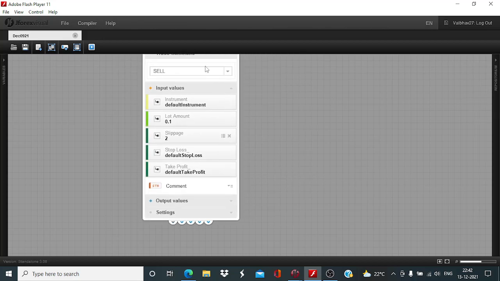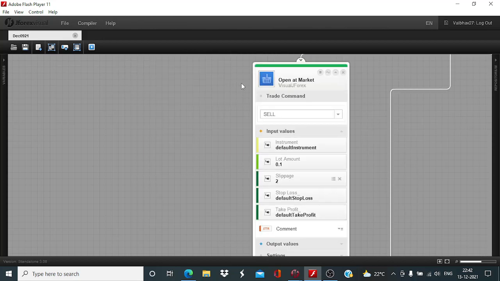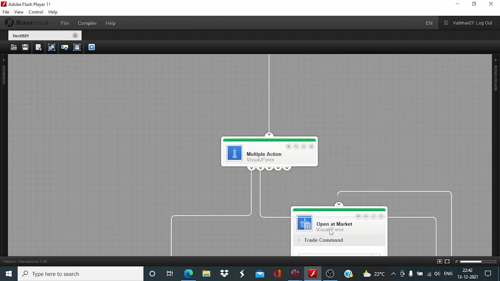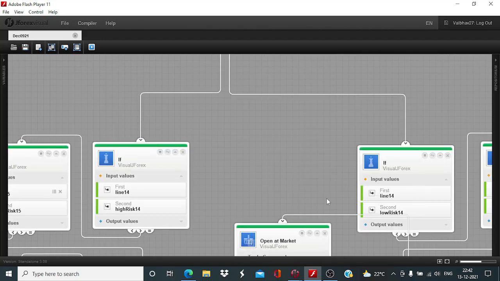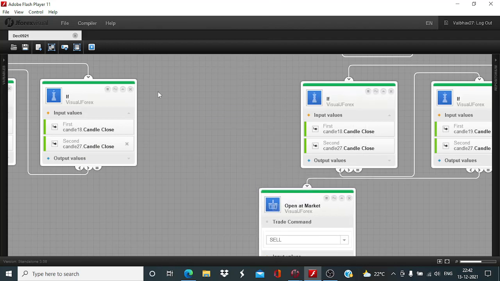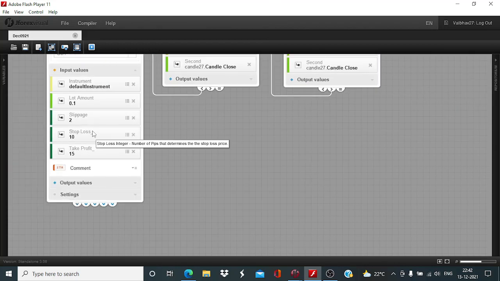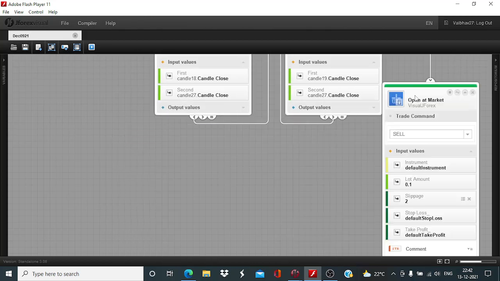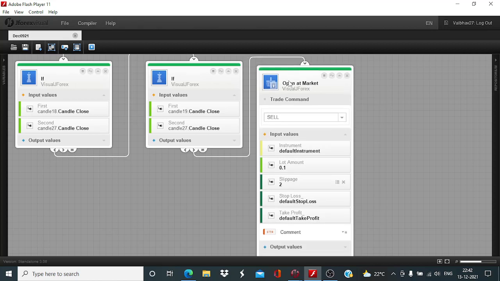Stop loss and take profit, we will keep it equal to what we had defined for the buy side, which is 10 pips and 15 pips. 10 pips for the stop loss and 15 pips for the take profit.